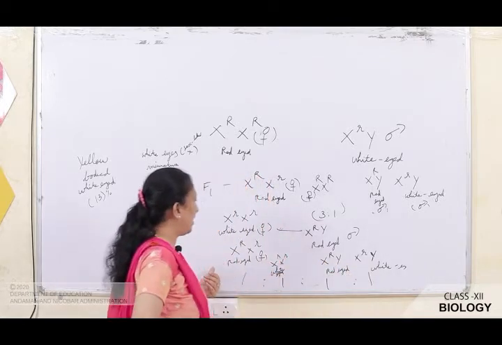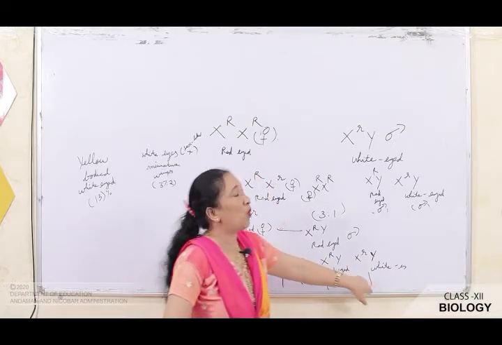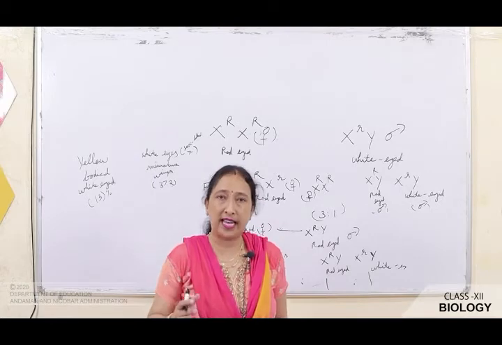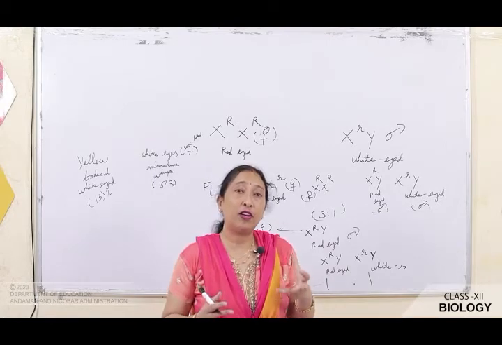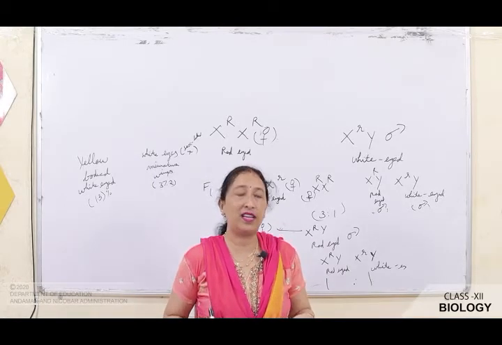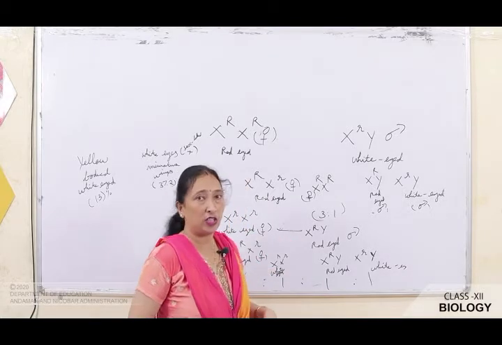That follows the ratio 1:1:1:1. What I want to say here is that the recombinant rates are very low. We are getting very few recombinations in this.